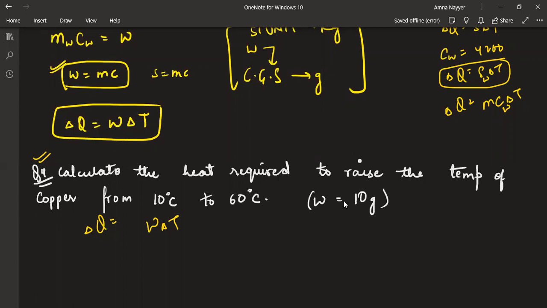Mass of water is already given, and 10 to 60 is 50, so 500, but the unit will be in grams only. So the unit will be calorie. Okay.